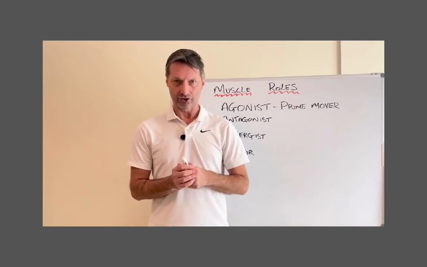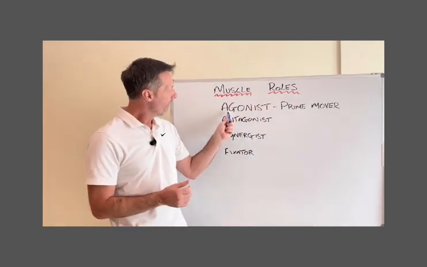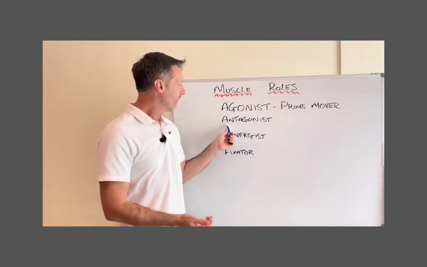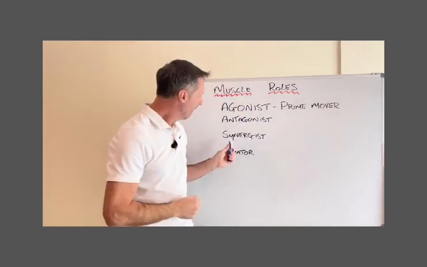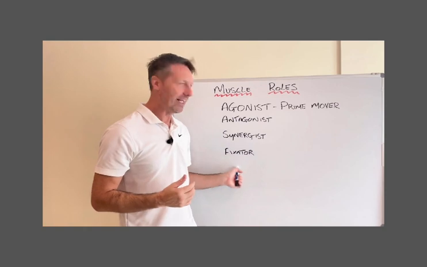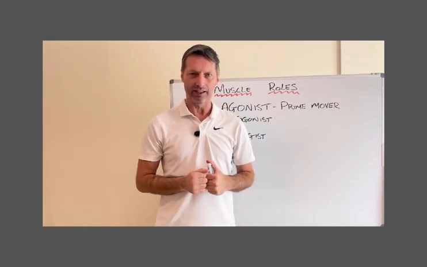So I hope this now helps you with the roles of your muscles. The agonist, the main muscle creating the movement. The antagonist, what muscle is opposite. The synergists, what muscles are helping. And the fixator, what muscles are giving joint stability.